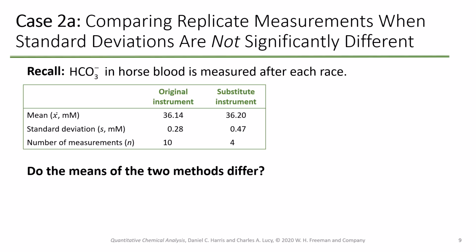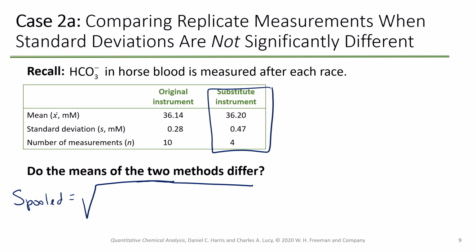Let's continue. We've done the F-test, it passed the F-test, so now I'm going to do the t-test. So start with S pooled. It's going to be the square root of S1. We did initially say this was data set number 1 because the standard deviation was higher, so I'll follow that trend.